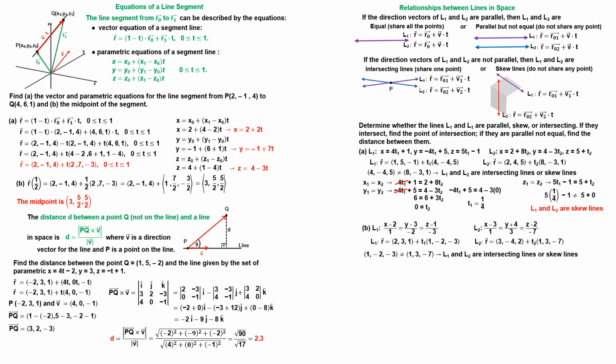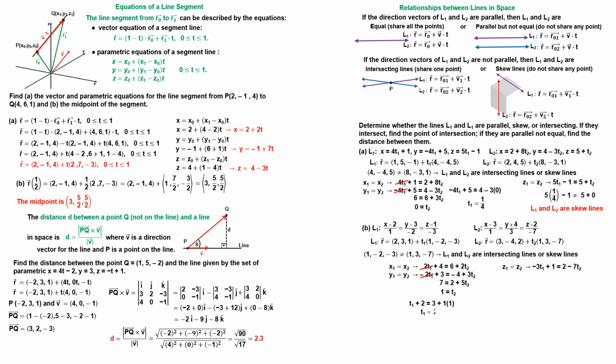To determine whether the lines intersect, we see if there is a point that lies on both lines. We create a system of equations. We will solve the first two equations for t1 and t2, and then check whether these values satisfy the third equation.